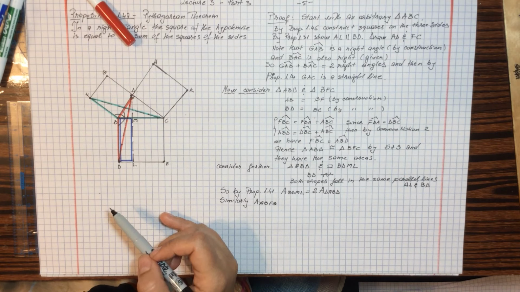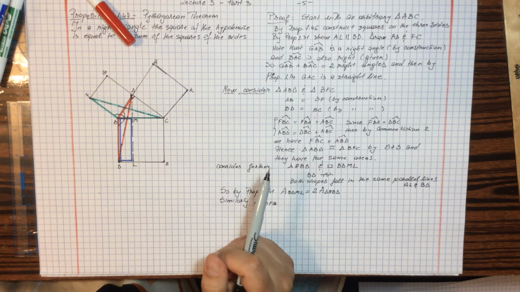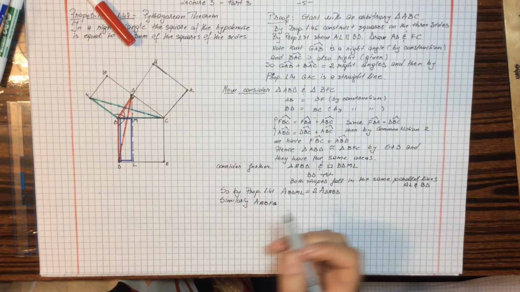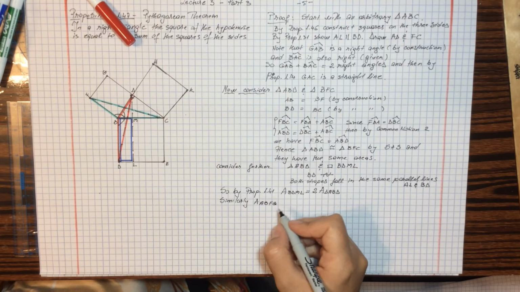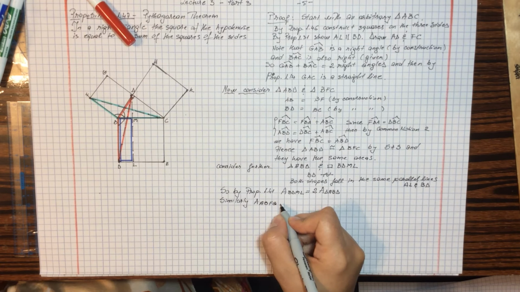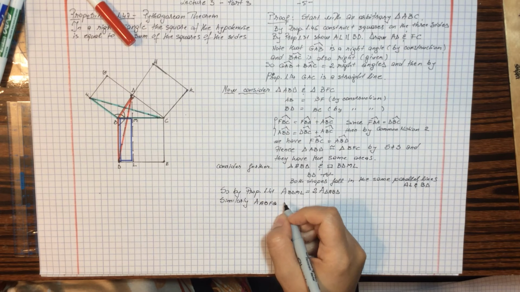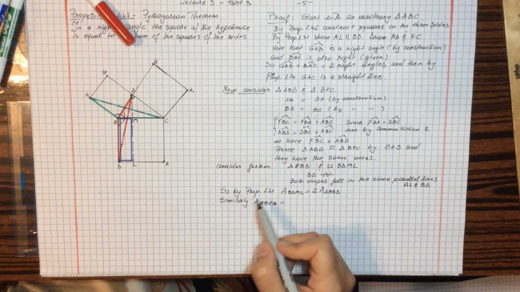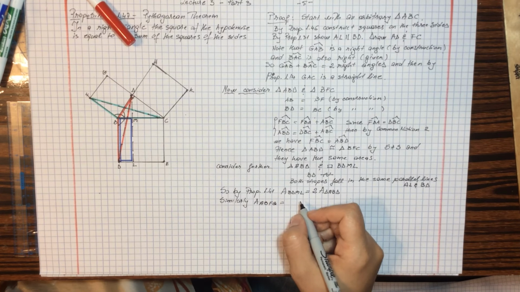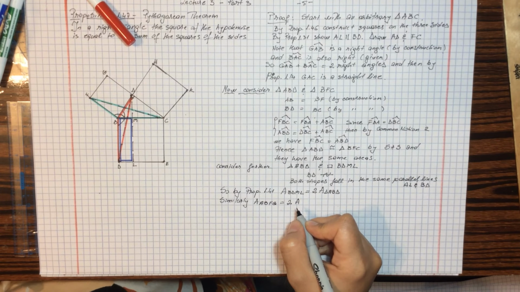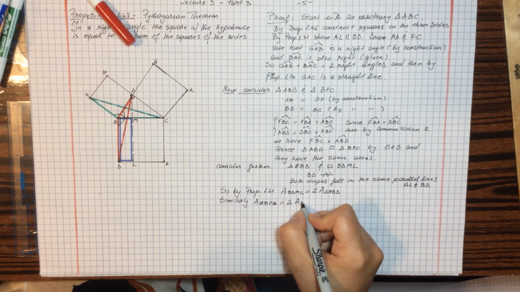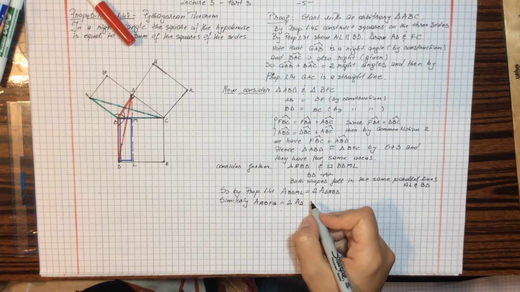Why? Because remember the line GAC is a straight line. So they both fall in the same parallels, no? Okay, so let me just write that. So similarly, the area ABFG, for the very same reasons by proposition 41, is equal to twice the area of triangle FBC.